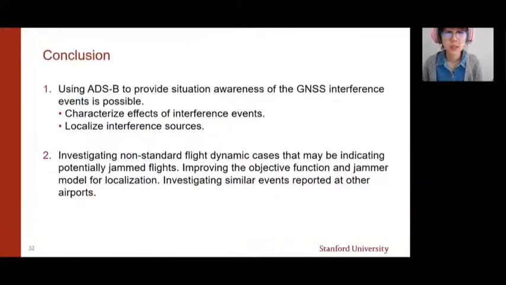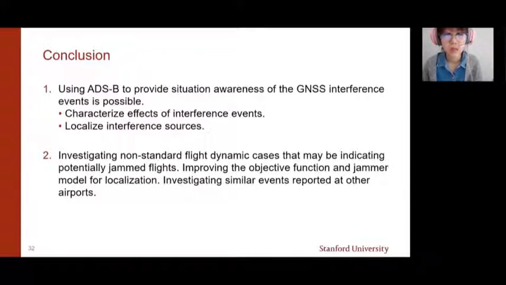In this presentation, we showed that using ADS-B to provide situation awareness of GNSS interference events is possible, and by that we showed how we characterize the effects of interference events and how we manage to localize interference sources. For future work, we decided to first investigate what causes those non-standard flight dynamics cases that we mentioned before.